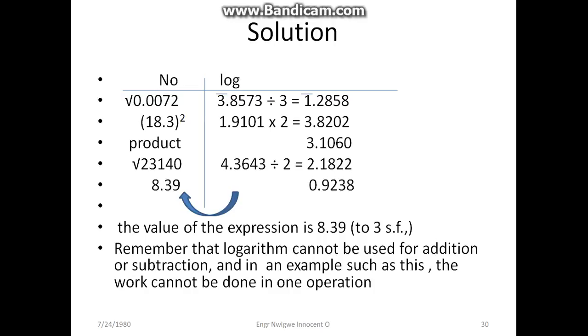If you find the antilog of 0.9238, it will give us 3.39. The value of the expression is 3.39 to 3 significant figures. Remember that logarithm cannot be used for addition or subtraction, and in examples such as this, the work cannot be done in one operation.